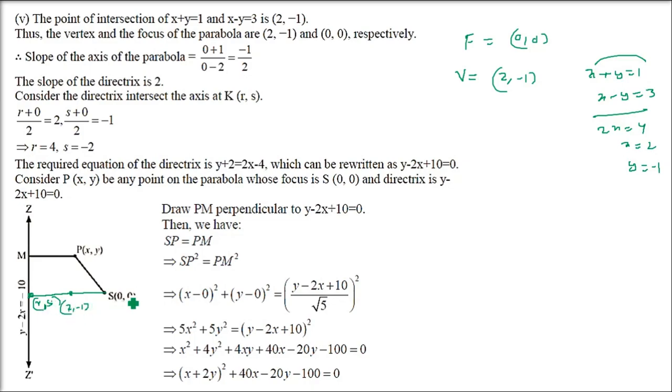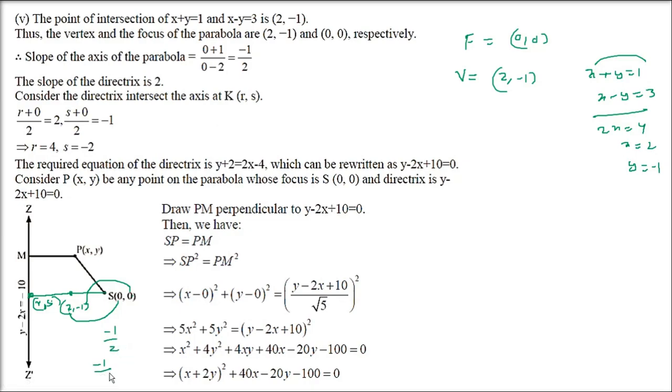So (r plus 0) by 2 and (s plus 0) by 2. So r and s will be 4 and minus 2. And the slope, since it's 0, 0: 0 minus of minus 1 by 0 minus 2, that is minus half, is the slope of this line, which is the axis of symmetry.